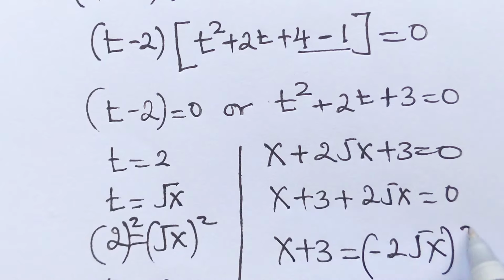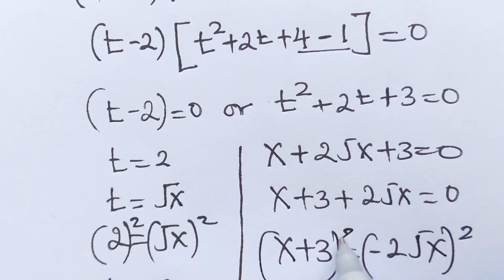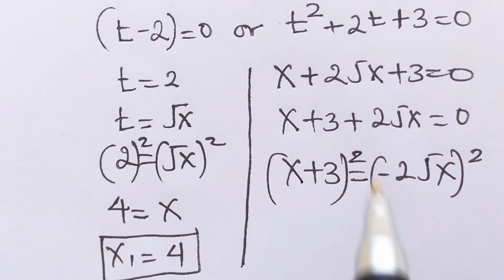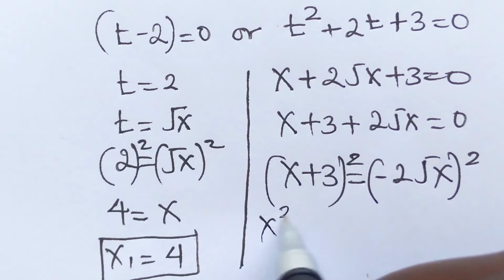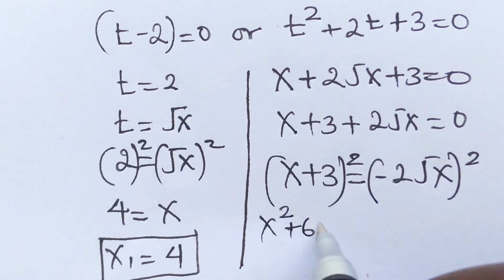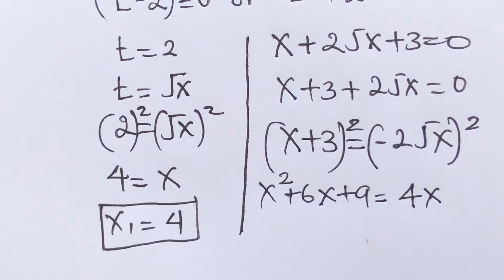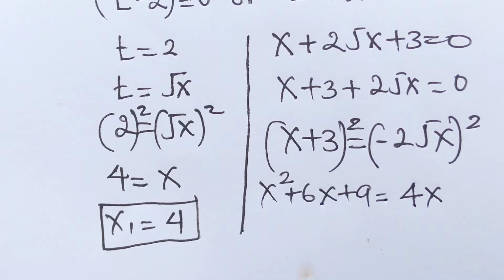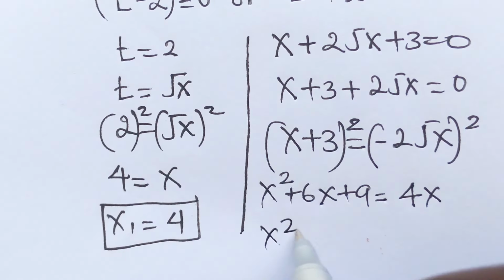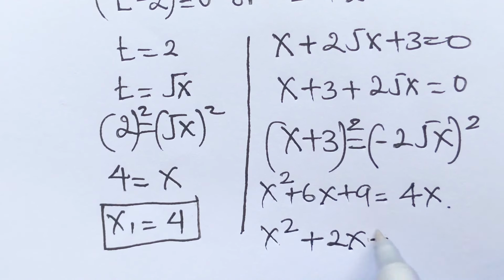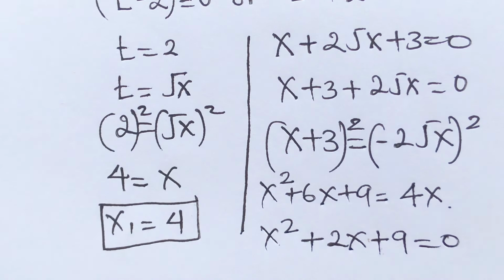Squaring both sides, we get x squared plus 6x plus 9, which is equal to 4x. And this gives x squared plus 2x plus 9, which is equal to 0.